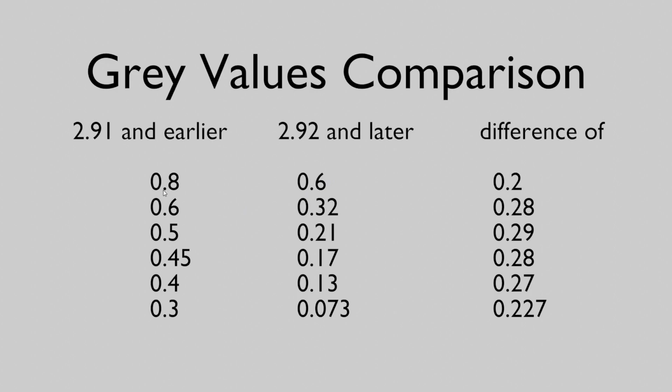So yeah, you can see 0.8 goes to 0.6, 0.6 to 0.32, 0.5 to 0.21, 0.45 to 0.17, 0.4 to 0.13, 0.3 to 0.073. So basically, it's a difference of about 0.29 at 0.2. And you can see as it gets closer and closer to 0.5, the difference is higher there.